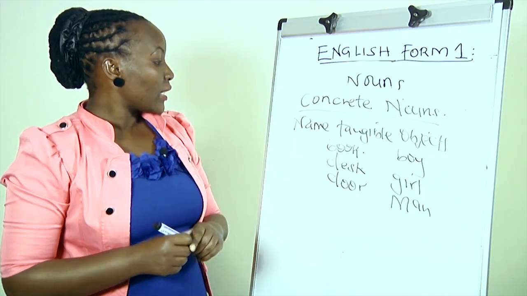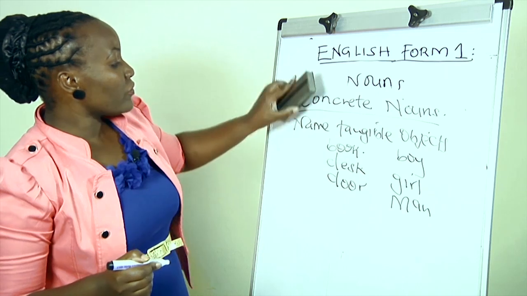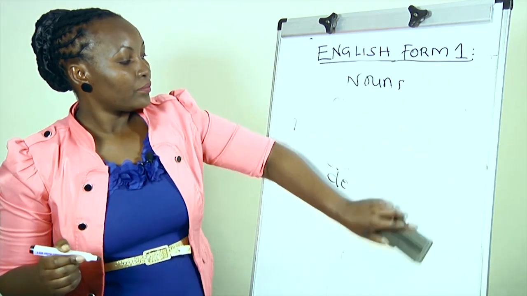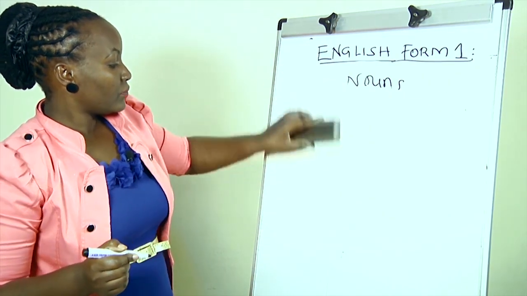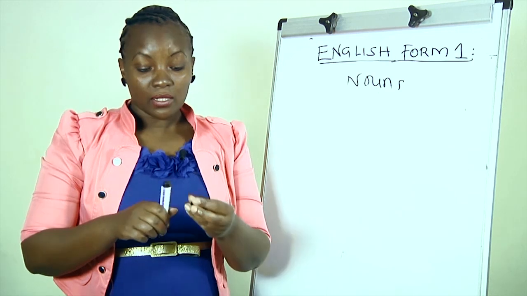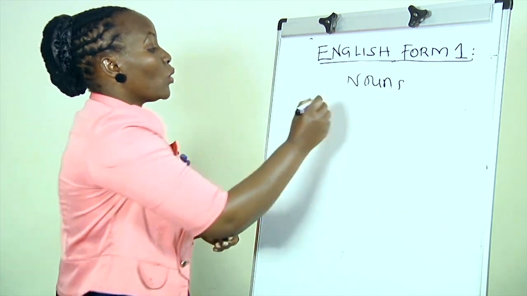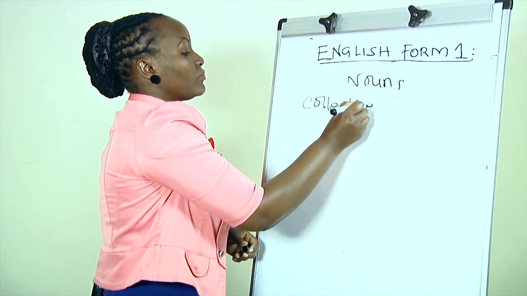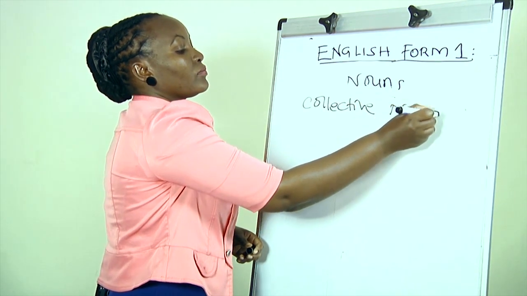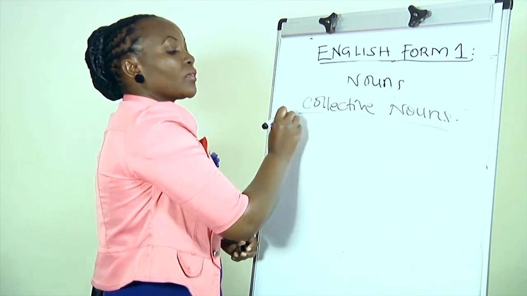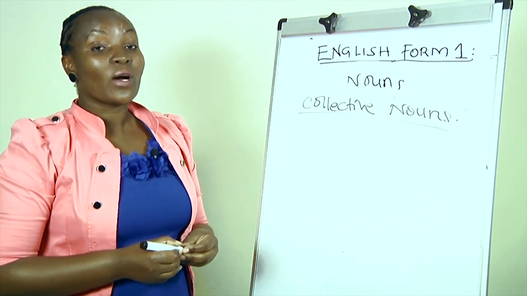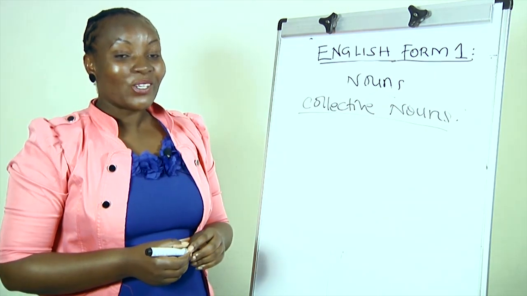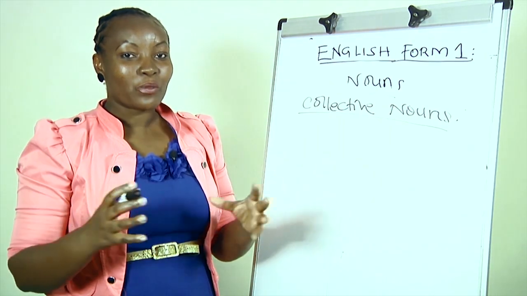So I want you to go to the next group of nouns. Our next group of nouns is what we call collective nouns. Just from the word, it suggests collect. Collect means when many things are brought together.